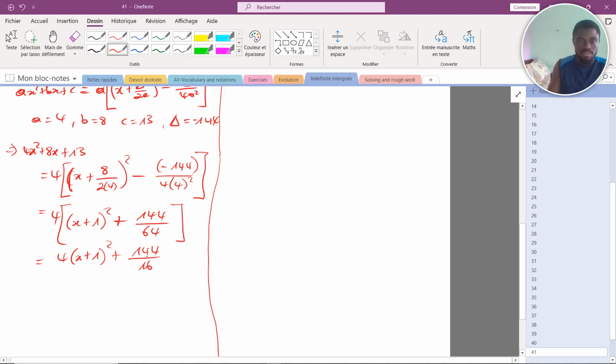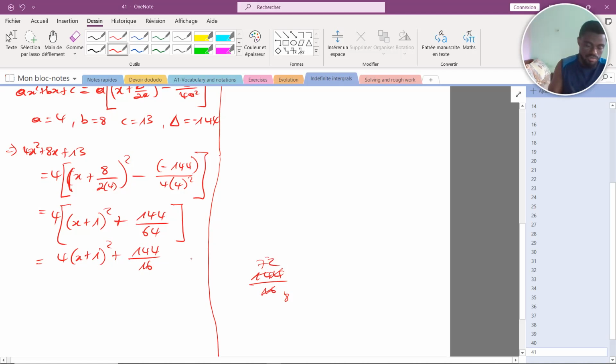Okay, let's try to simplify 144 on the 16. 2 here 8 times, 2 here 7 times, 2 here 2 times. Let me see, 72 divided by 8 gives 9.